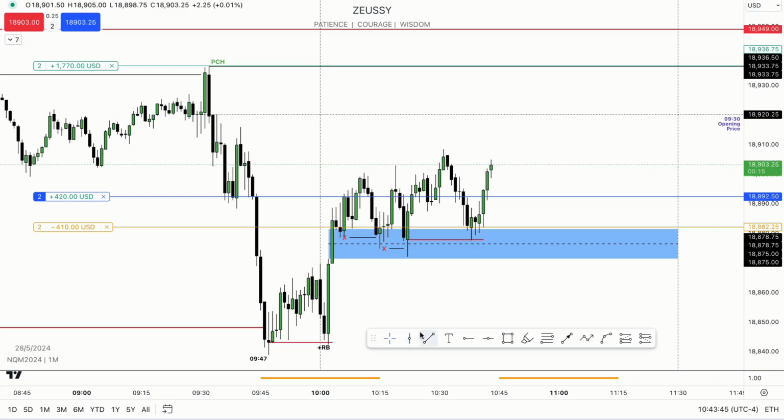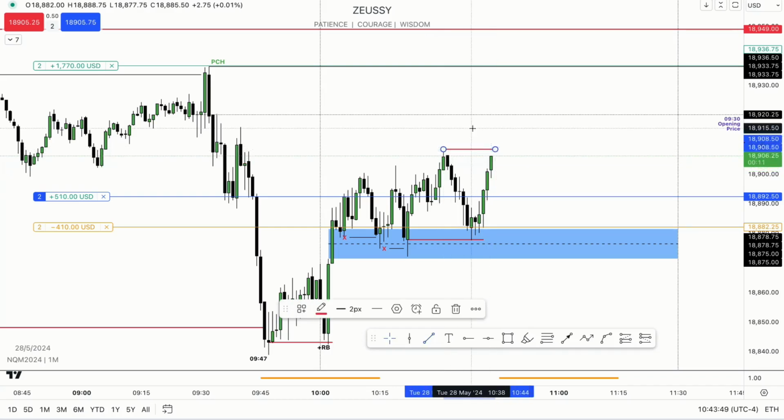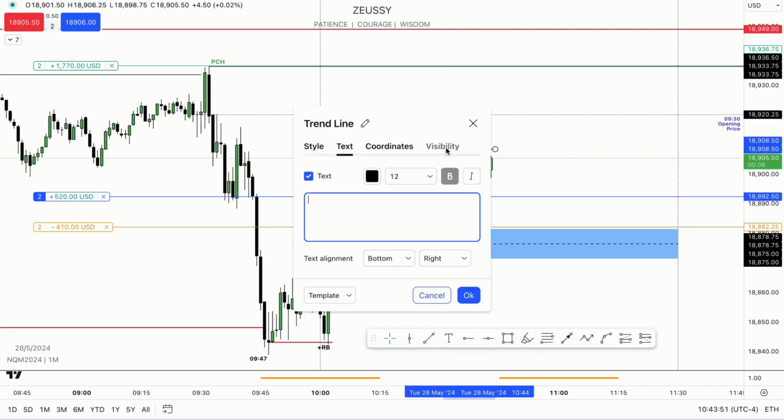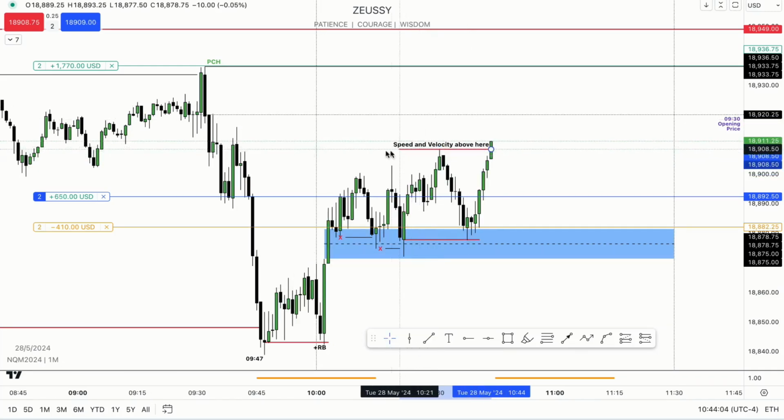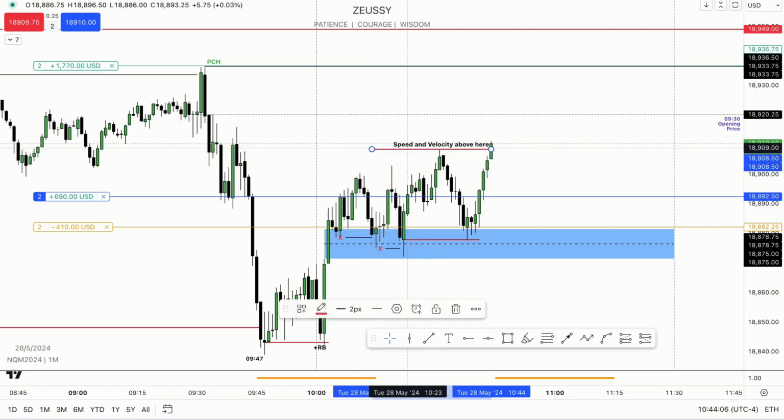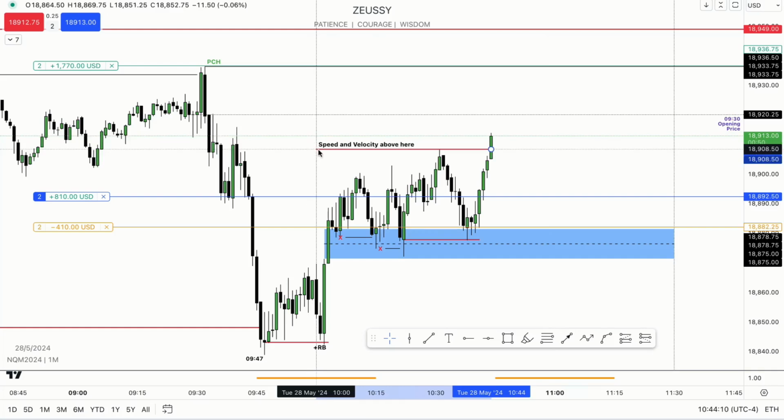Now, I'm still looking to see whether or not we're going to see big upclose candles above this high. I want to see big upclose candles come, speed and velocity.